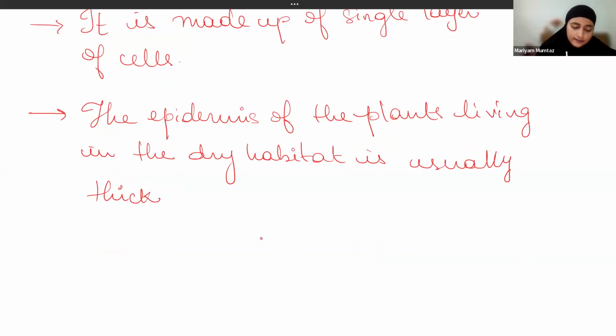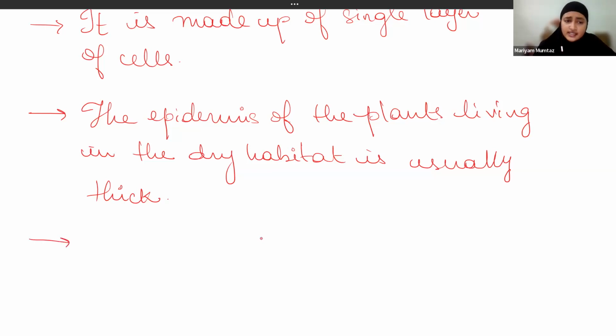Understood? Now, why? This is thick in order to protect against water loss. Since the area is very dry, transpiration can easily take place.